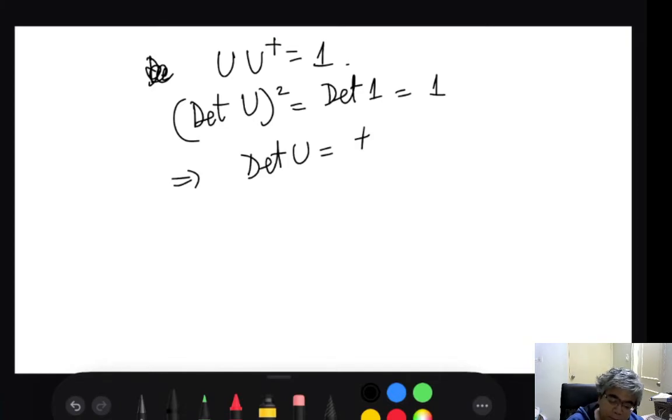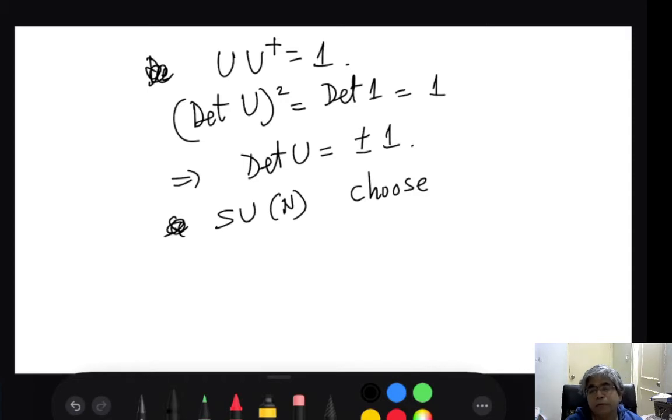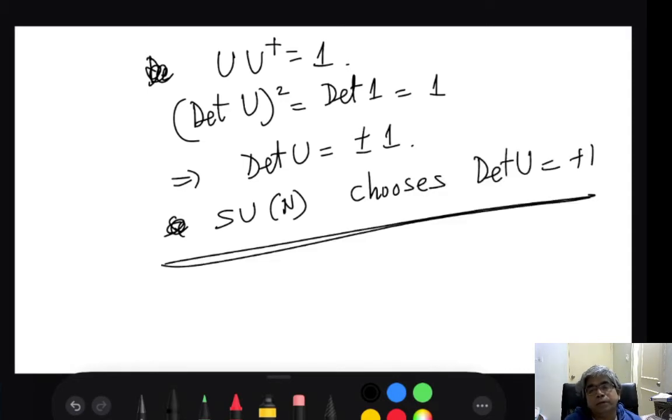Now the special SU(N) chooses det U to be plus 1. So for any unitary matrix, the determinant would be plus or minus 1, purely because U dagger U is equal to 1. If you apply the determinant on both sides, it gives you det of U squared is equal to det of 1.